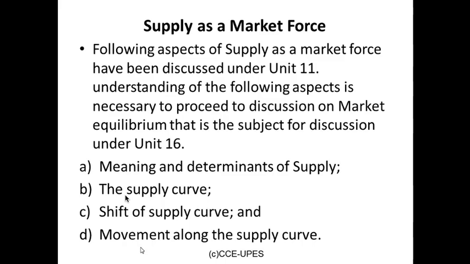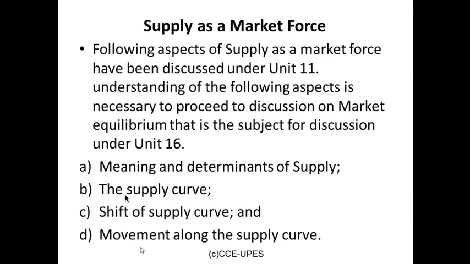If it's a monopoly, he can control the supply. If it is perfect competition, no individual supplier is in a position to influence the supply. No individual buyer is in a position to influence the price at all.